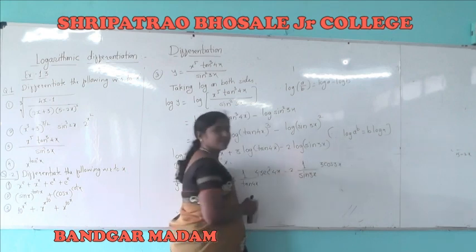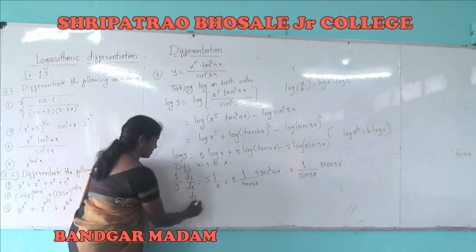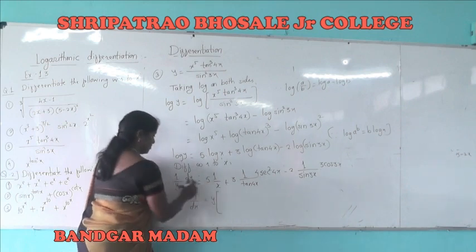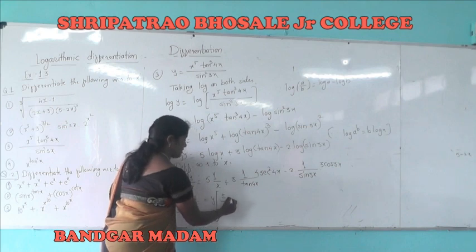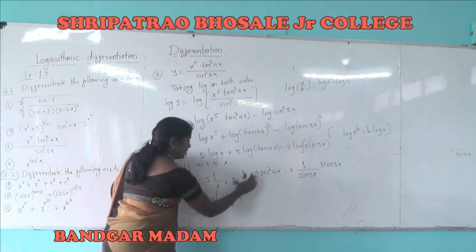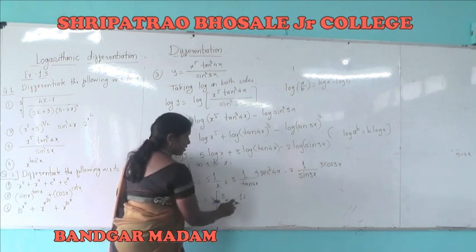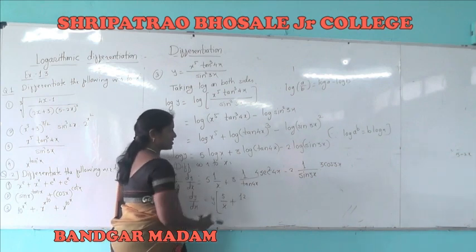of 3x, which is 3. So we get dy by dx is equal to y multiplied by 5 by x plus 3 into 4, 12, into sec square 4x upon tan 4x. Denominator is tan 4x, numerator is sec square 4x.